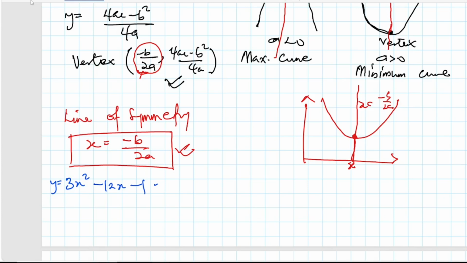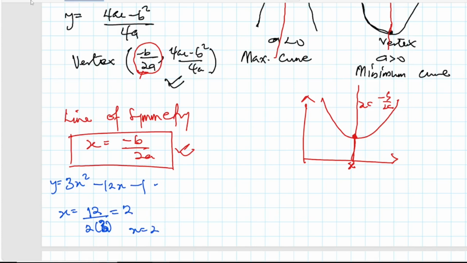So for the line of symmetry, we know x equal to negative b over 2a. Our b is negative 12, so negative b is negative negative 12, which is positive 12, over 2a. 2 times 3, sorry, that gives us 6. So 12 over 6 is 2. It means that our line of symmetry is x equal to 2.